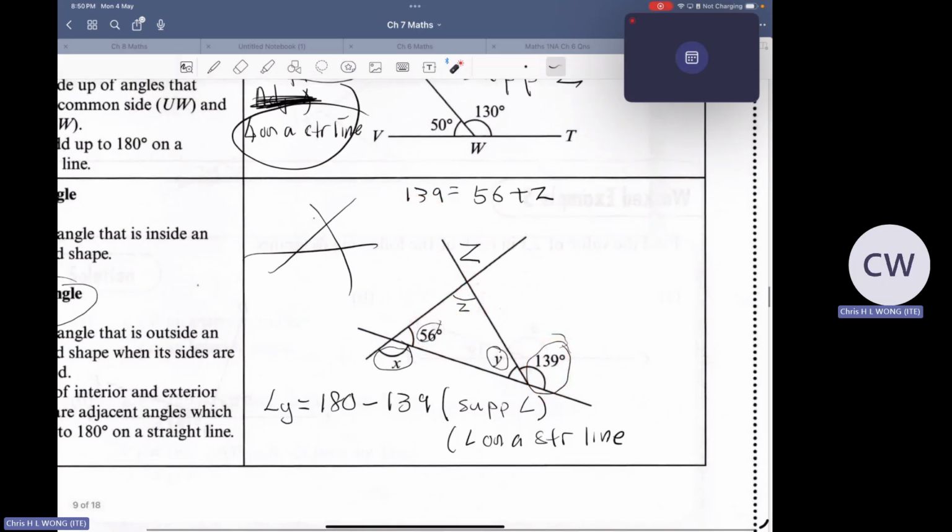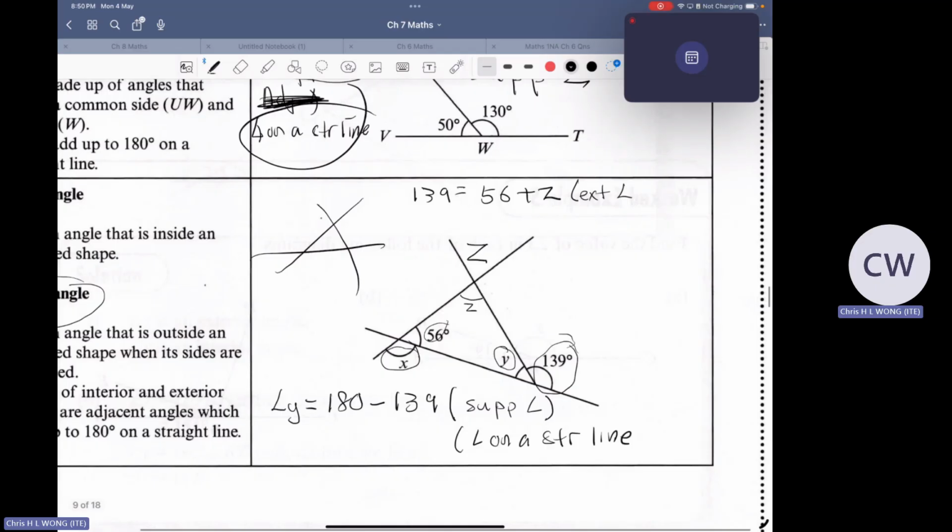The reason is this: exterior angle is equal to the sum of the interior opposite.